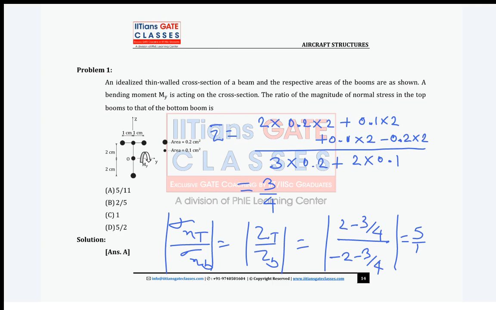What is the mistake? 2 into 0.1, 3 booms, 3 into 0.2, 2 into 0.2 into 2. Here there is a 0. 0.2 into 0. Now it is correct. The middle boom, it is 0 point into 0.